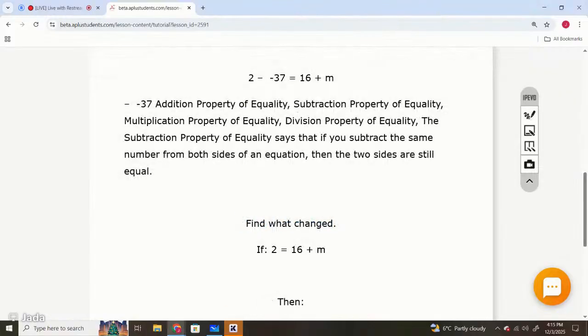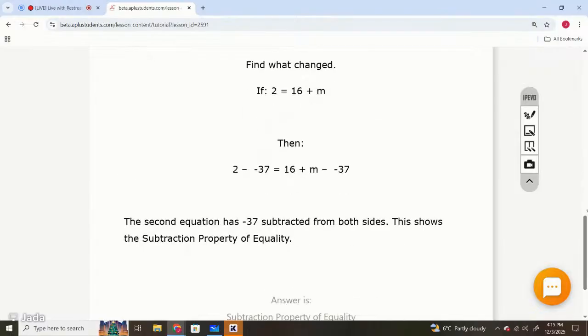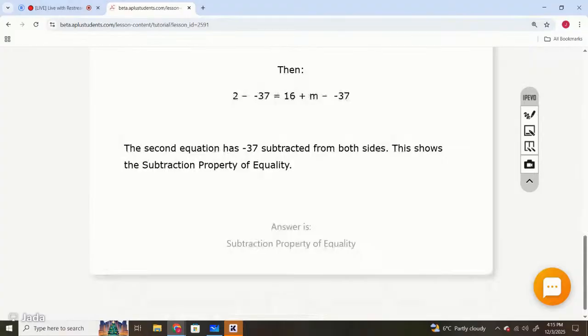So the subtraction property of equality says if you subtract the same number from both sides of an equation, then the two sides are still equal, right? So basically we subtracted negative 37 from both sides. So that shows the subtraction property of equality, and still the equation is exactly equal because you subtracted exactly the same number from both sides.